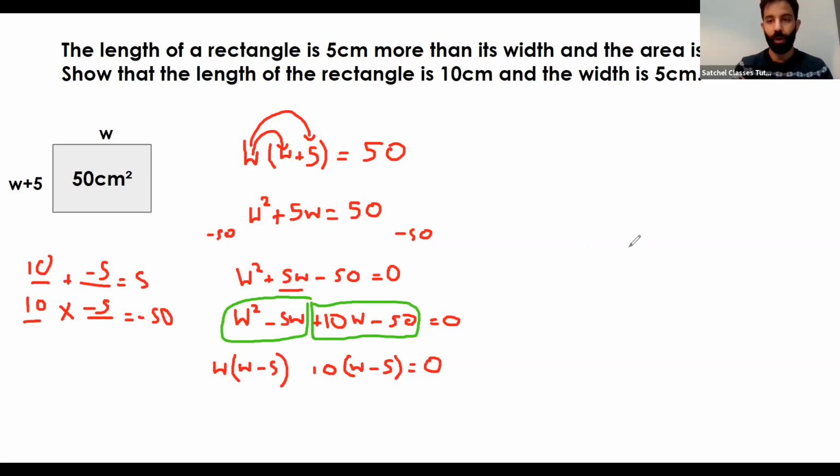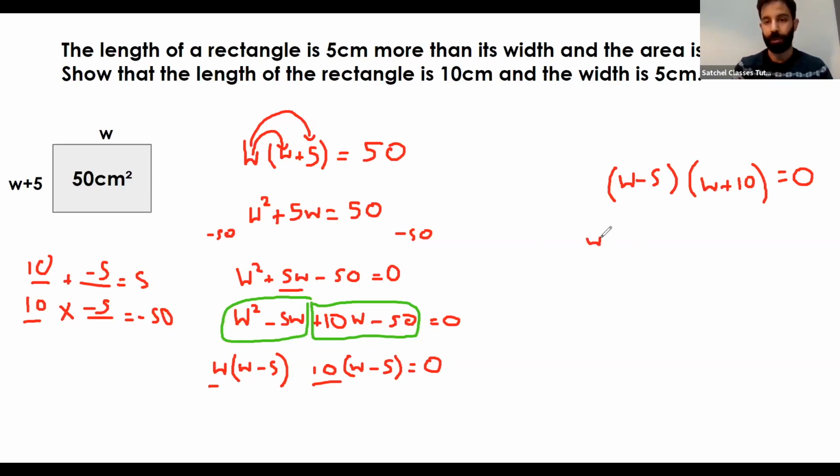Now I'm just going to move over here. So what we need to do is bring down one of the brackets, so we can do w minus 5. And we need to add these two together. So in our other bracket, we're going to have w plus 10, and that will be equal to 0. Now again, either this bracket is equal to 0 or this bracket is equal to 0.